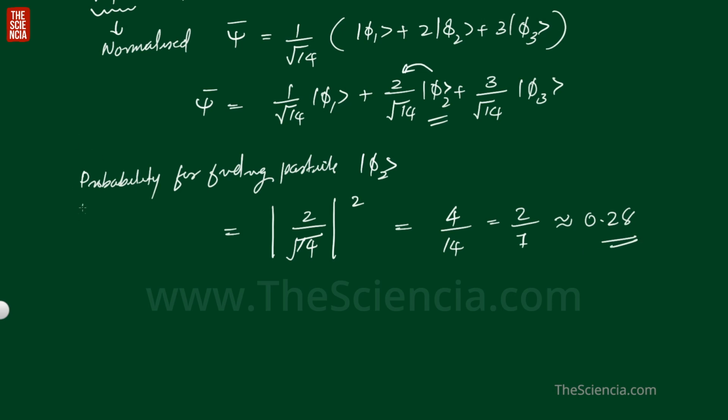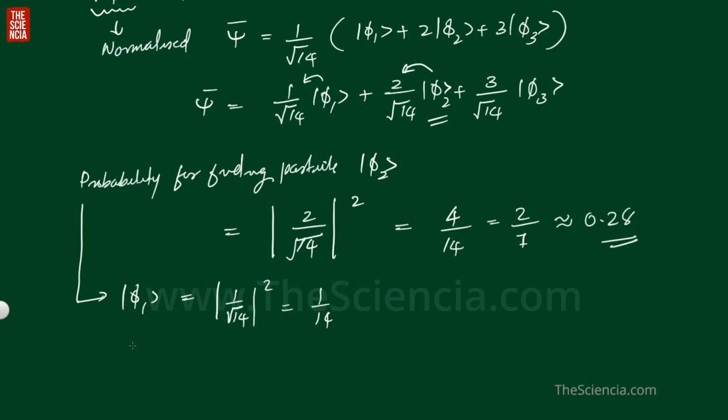And similarly, the probability of finding the particle in state psi 1 is equal to the modulus of the coefficient of psi 1, that is 1 by root 14 squared. So you get 1 by 14.